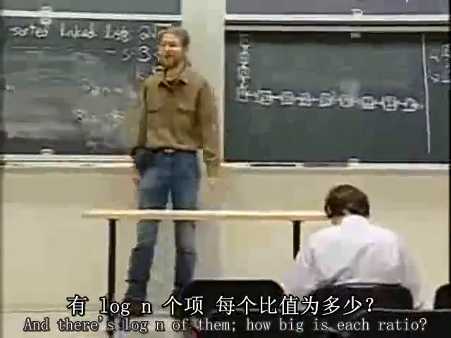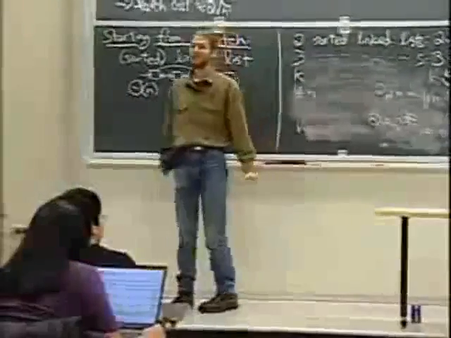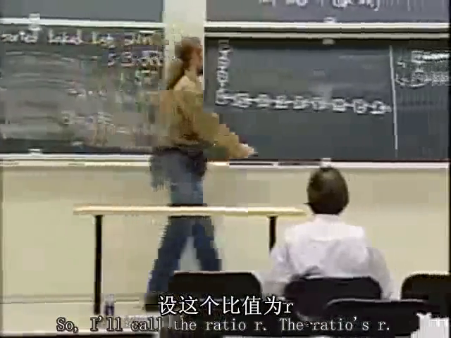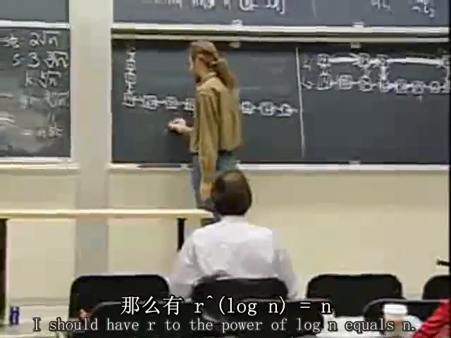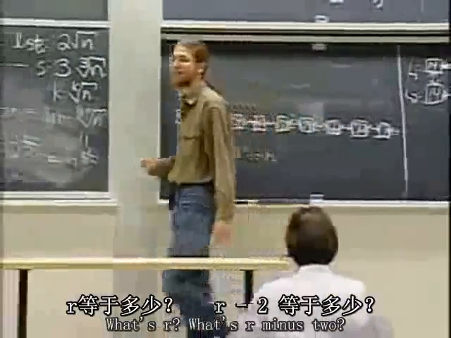So the product of all these ratios is n. There's log n of them, so how big is each ratio? Call the ratio r. I should have r to the power log n equals n. What's r?